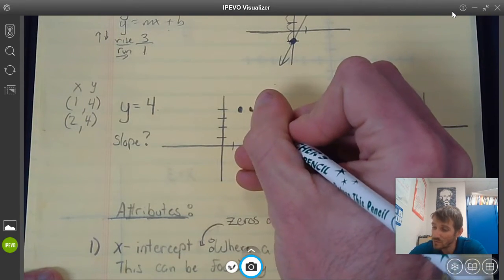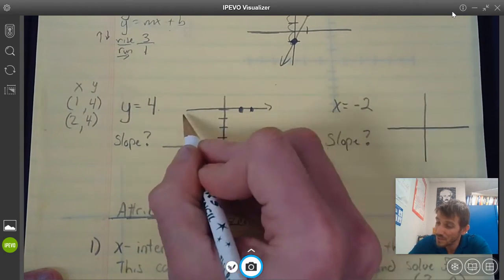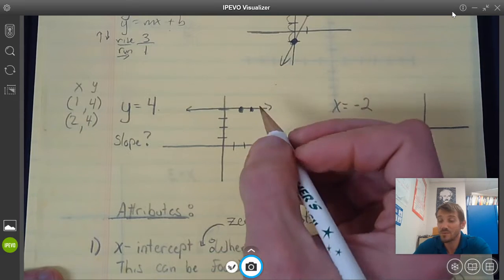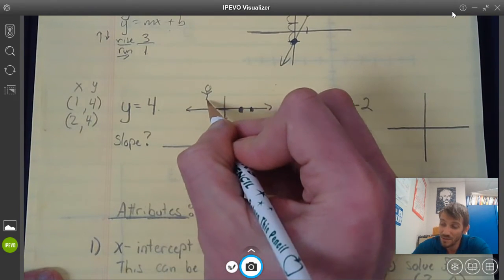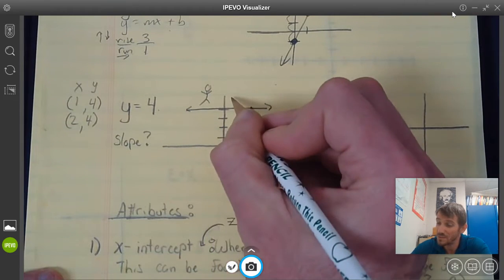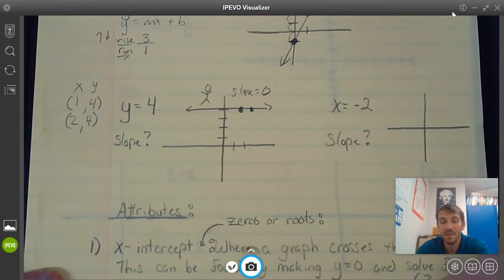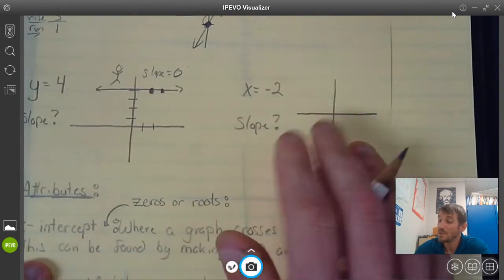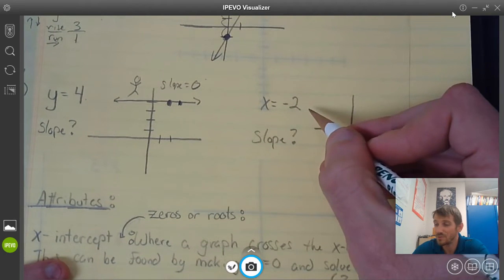So I know which way this line goes. It's one of those weird ones that goes perfectly horizontal. And if you remember, guys, the slope of this line, if you can walk on it, it does have a slope. It just doesn't go up or down, so the slope is 0.